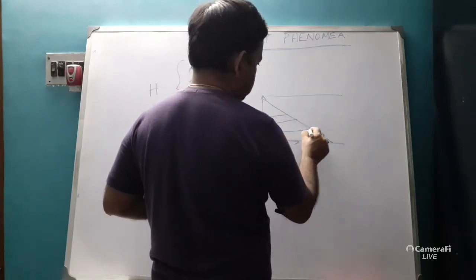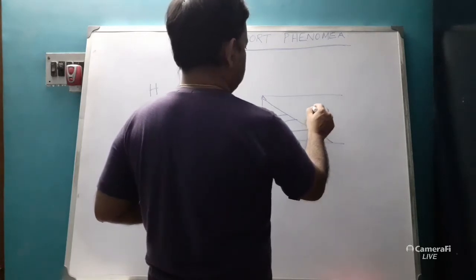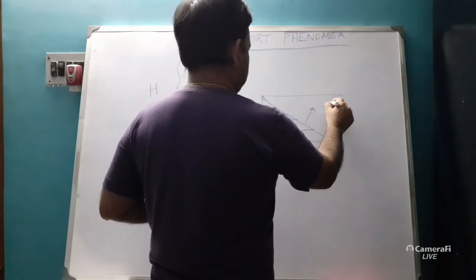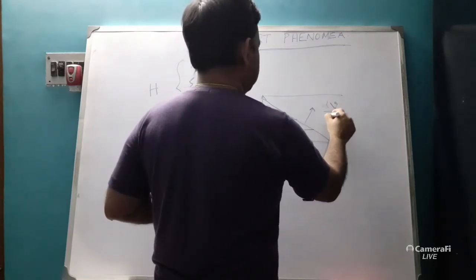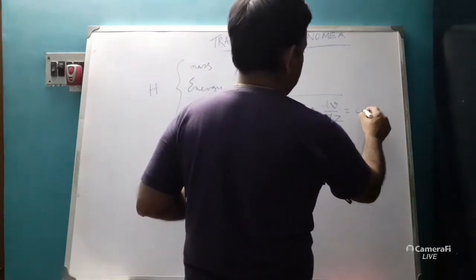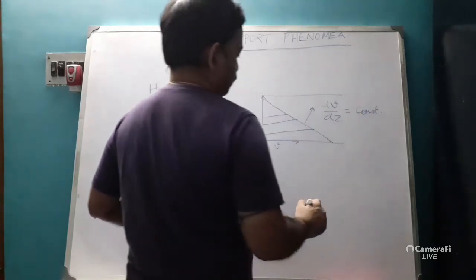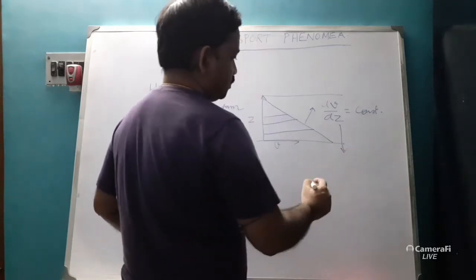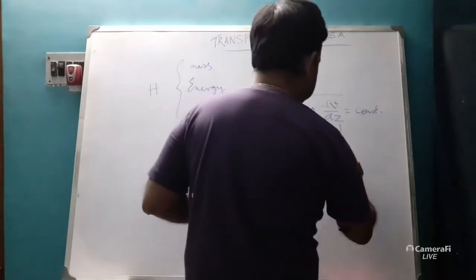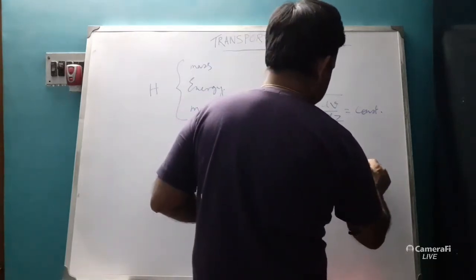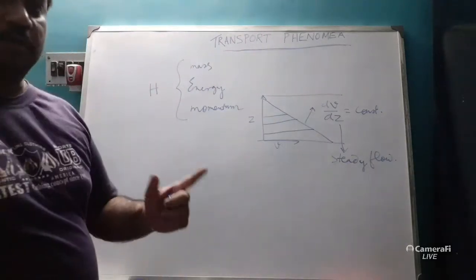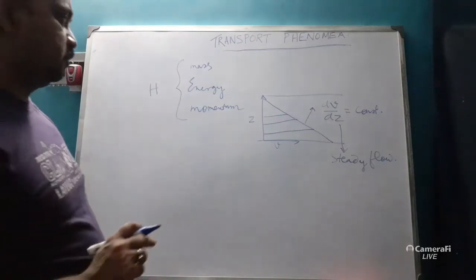So why can I call this a steady flow? Because the gradient over here, dV by dz, is constant. That is the reason. This shows why you can consider this particular motion a steady flow.